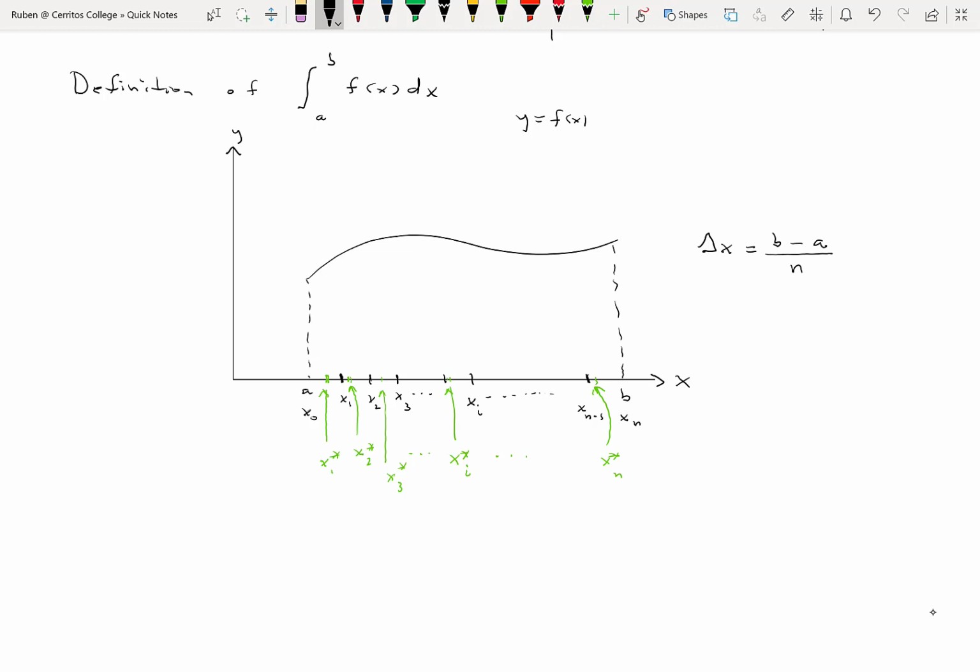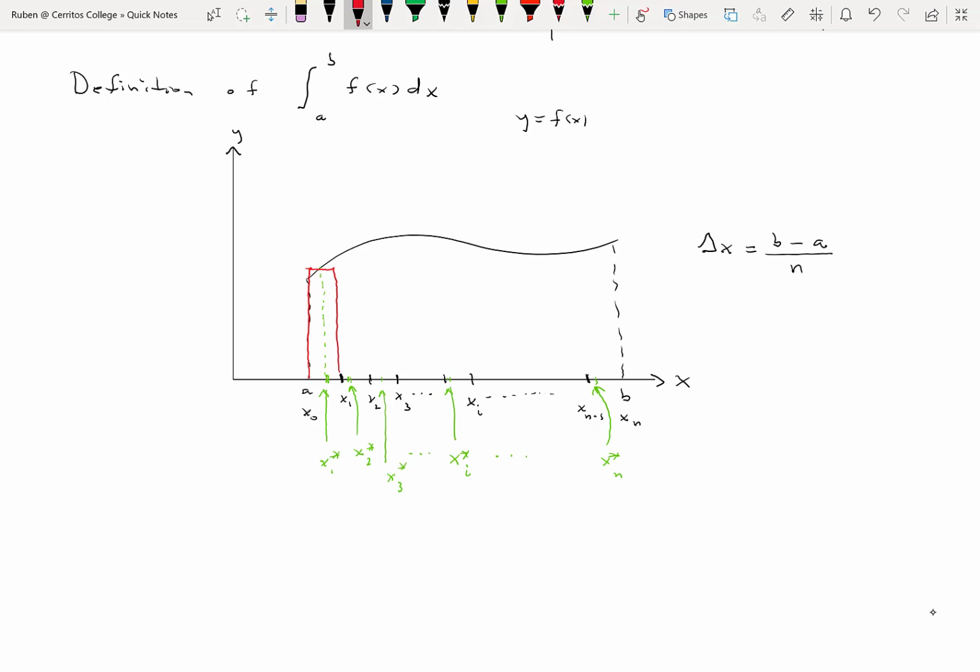In the first subinterval, we would go to that x sub 1 star, and from there we would go up to the curve. We use the y value there as the height of a rectangle that's being used to estimate the area underneath that curve within the first subinterval.